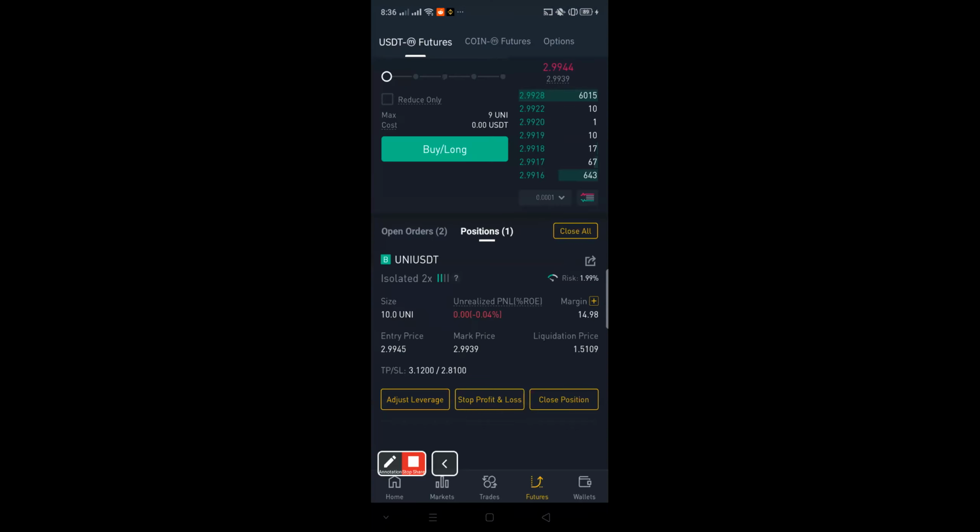Once you click on position, you see our trade. This is position. Then you see the pair here. Then the isolate times 2, that's what you are using. The size is the amount of uni you have. The margin is the money you use to take this trade.